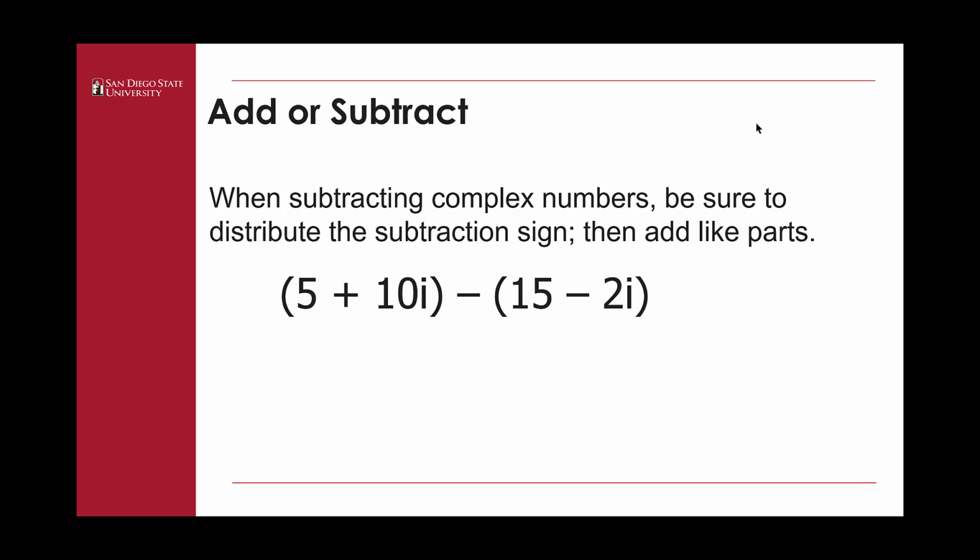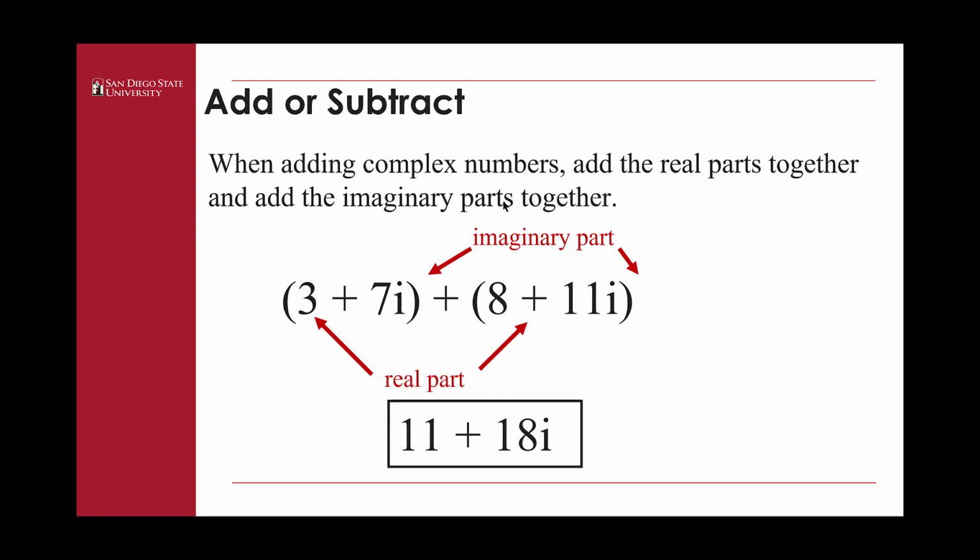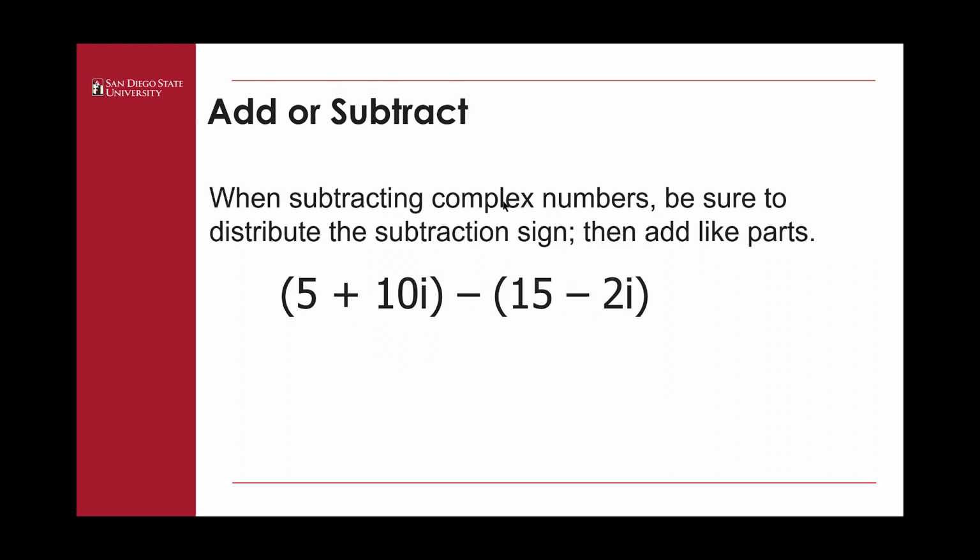And when subtracting complex numbers, be sure to distribute the subtraction sign and then add parts like the addition operation. When you distribute the minus sign inside the parenthesis, then you will get the addition with no special difference.